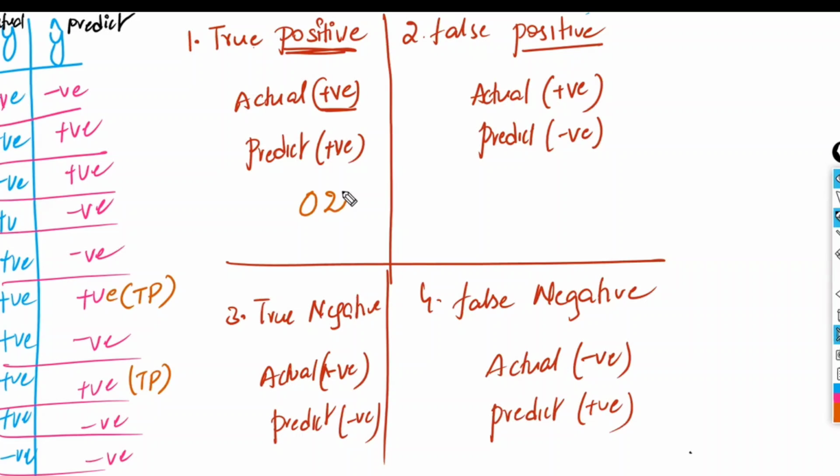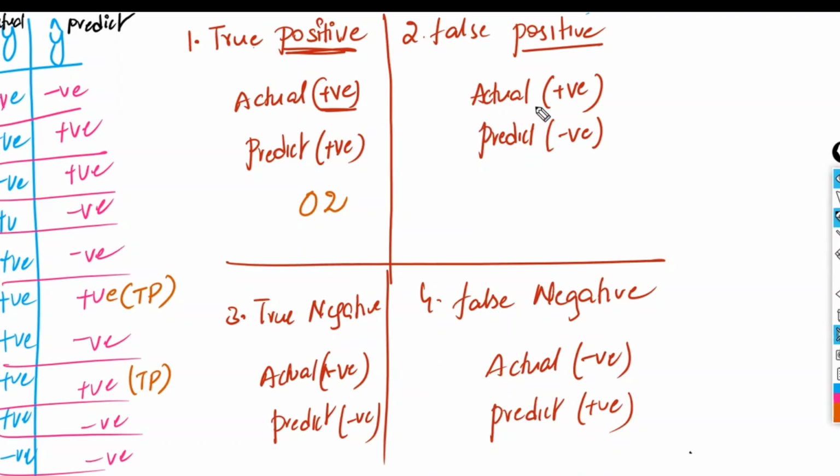Is that clear? In the actual case, whatever category is there, the predicted also should be the same category. Then only it is called true. If the prediction is opposite, it is called false. Falsely predicted means the model was wrongly saying the answer.